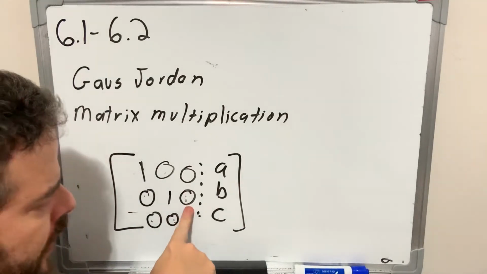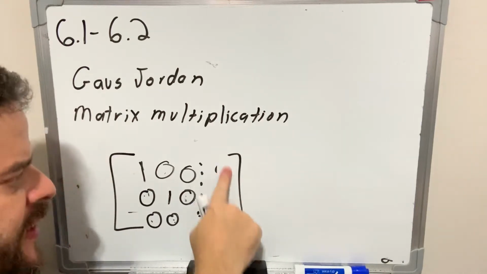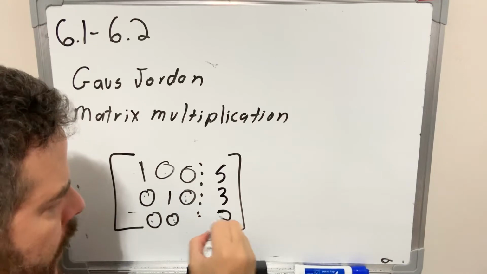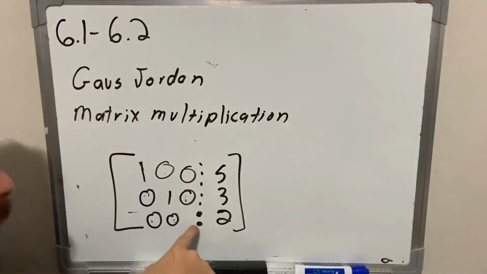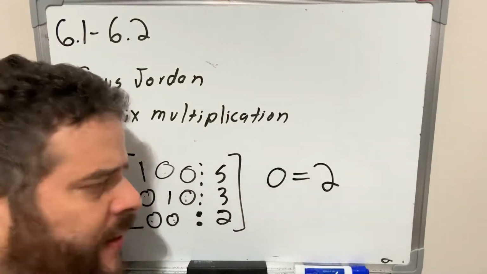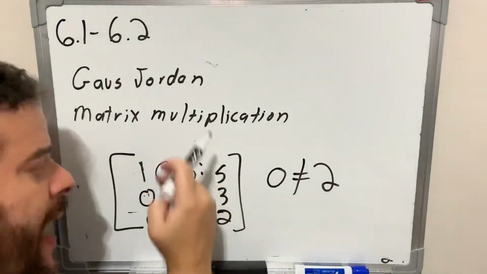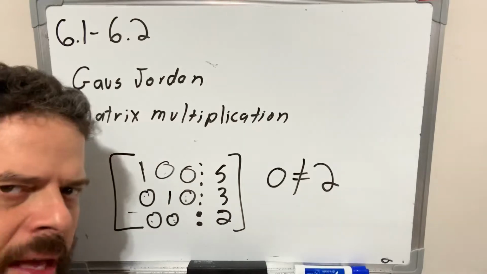If you're left with a row that looks like this, for example, let's say this is an actual matrix. If you end up with a row that looks like this, 0 equals 2, in math, that translates to an inequality. Sometimes you'll see that when you add your rows, one row just, boom, cancels out.